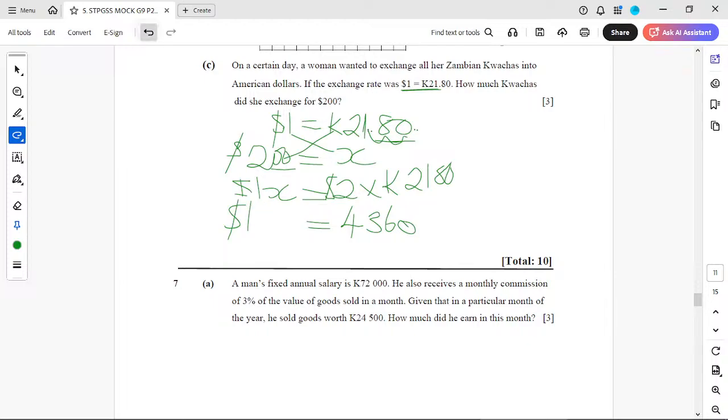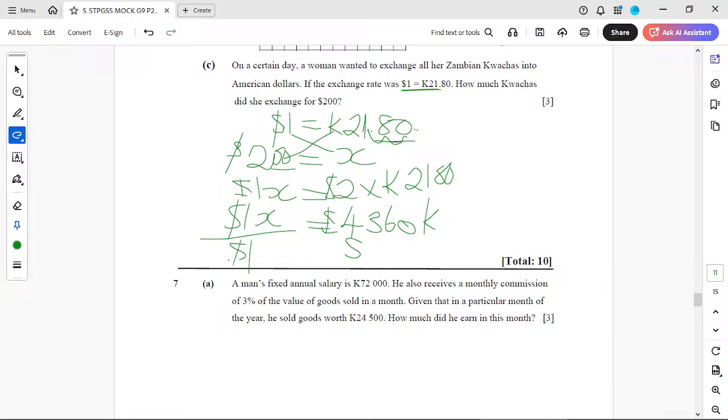Then here we have got $1 x. Now here we are going to have the sign which is dollar and kwacha. I'll put kwacha here. Okay, then what we can do is we divide the two sides by $1.